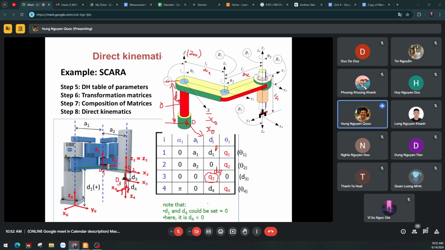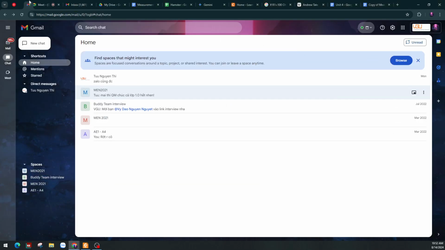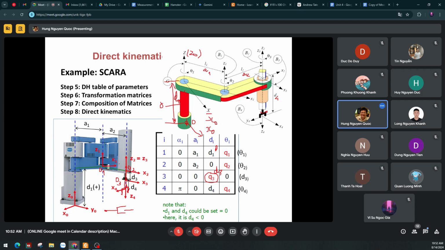I want to show you a little bit here. If this is the gripper, maybe I showed you before, this is the approach, which we name A, and the Y axis is the sliding.